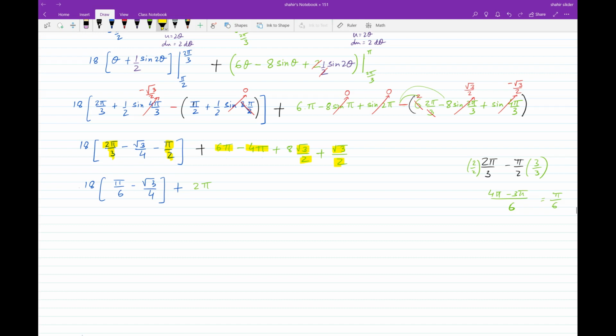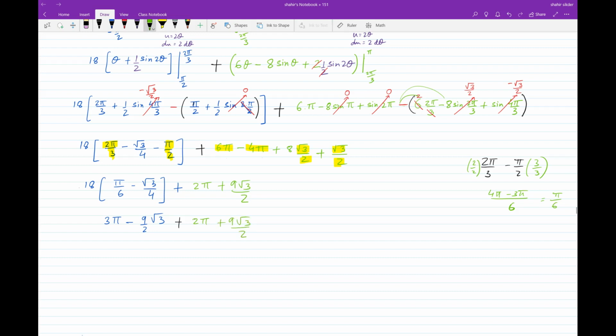Luckily we have the same denominator, so we can just go ahead and write them as plus 9 root 3 all over 2. Also, if I distribute it, this 18 with pi 6, 6 goes into 18 3 times, so it would be 3 pi minus 18 times 1/4 times root 3. 18 divided by 4 is 9/2 root 3, plus 2 pi plus 9 root 3 all over 2.